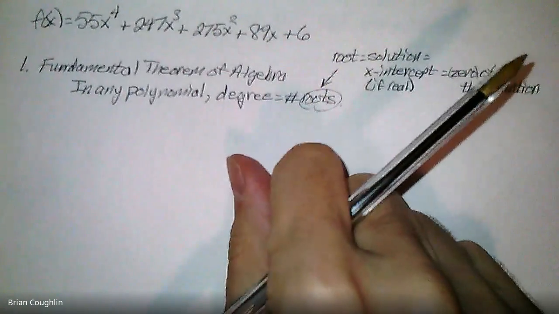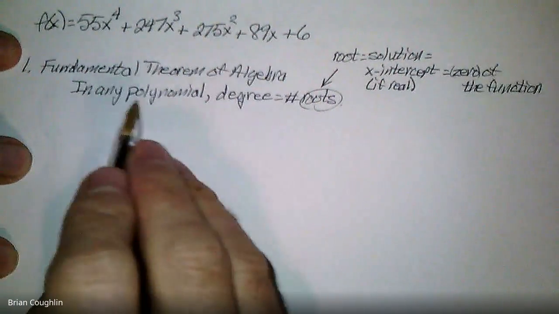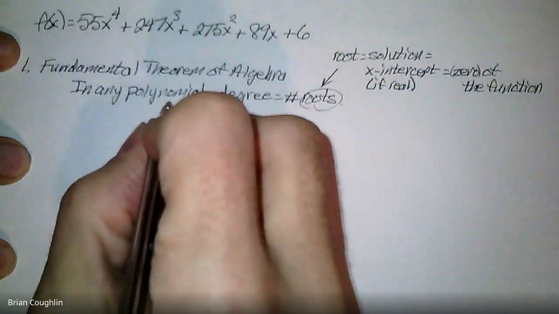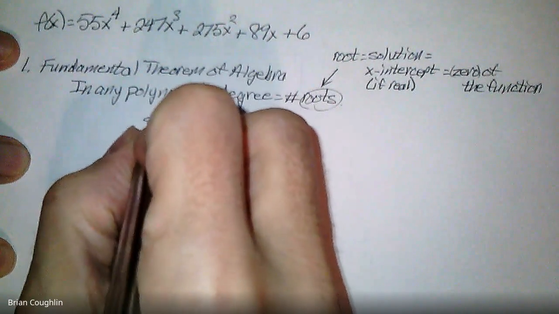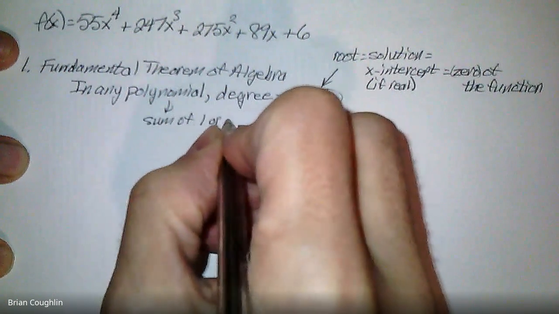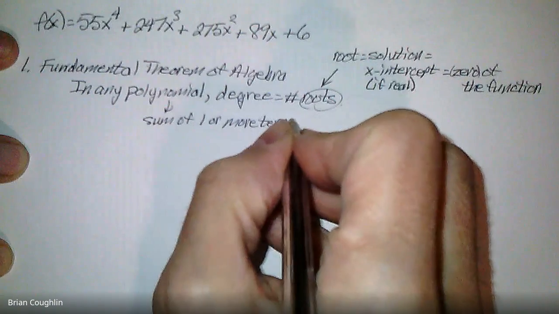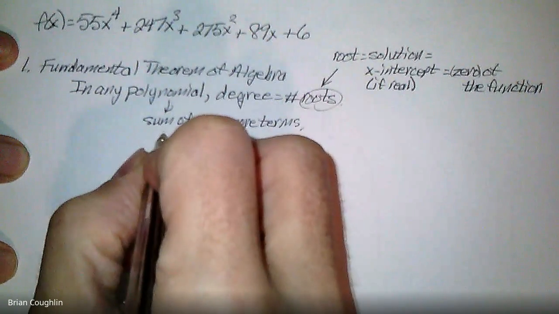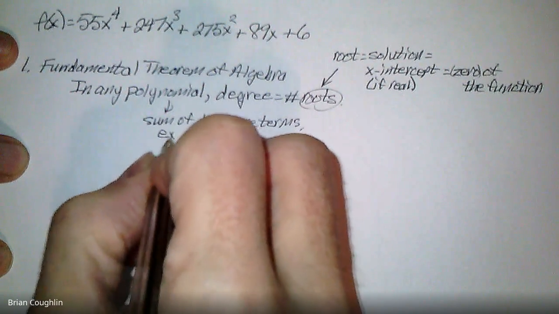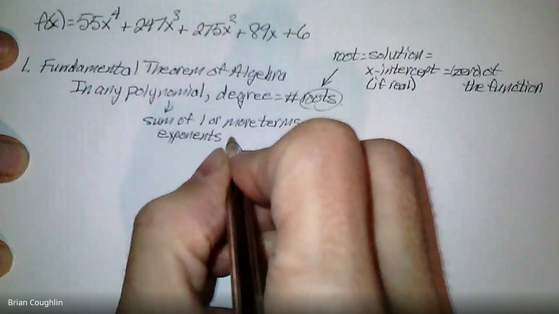Okay? So the regular fundamental theorem of algebra says that if you have a polynomial, just so you're aware, polynomial is a sum of one or more terms. The exponents are all whole numbers.